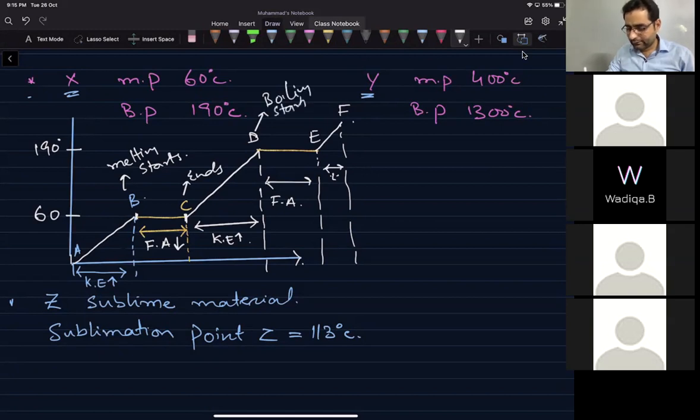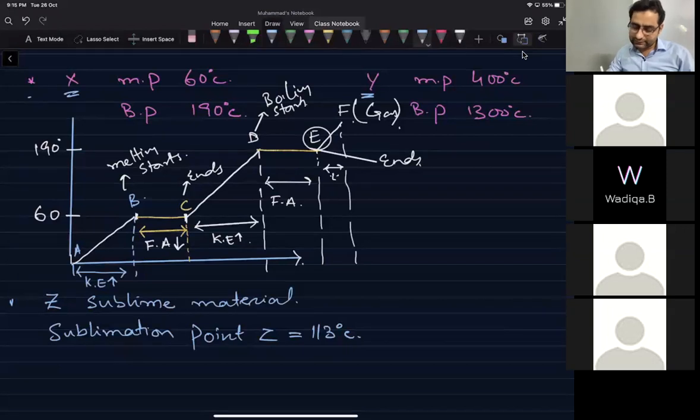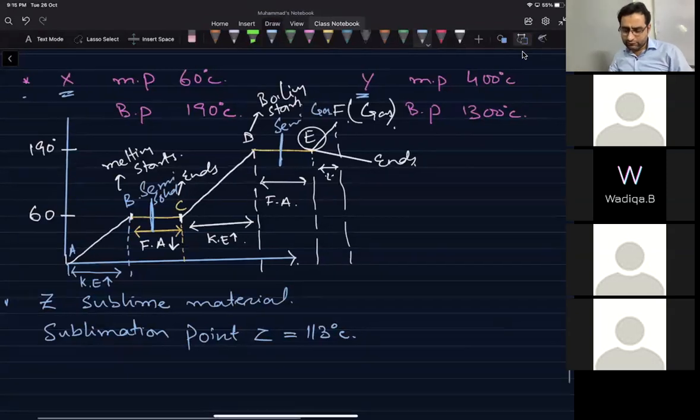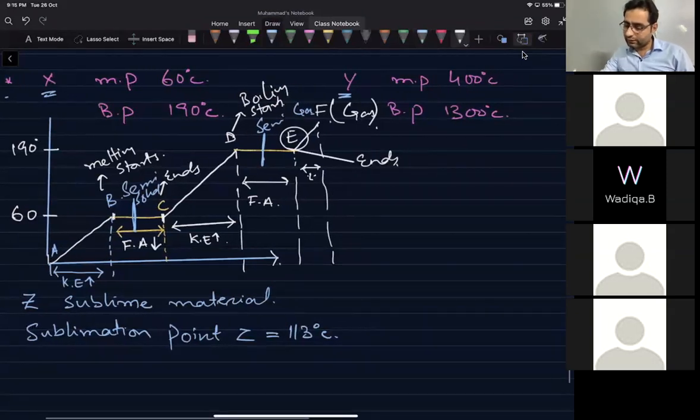At point E, boiling ends, and F is a gas. Between B and C, what's the state? Between B and C, this is going to be semi-solid, and between D and E, this is going to be semi-gas. In a similar way, you will draw the heating curve for substance Y.